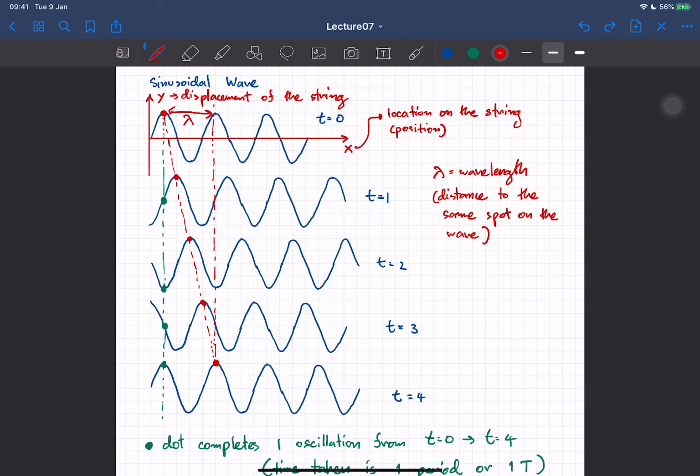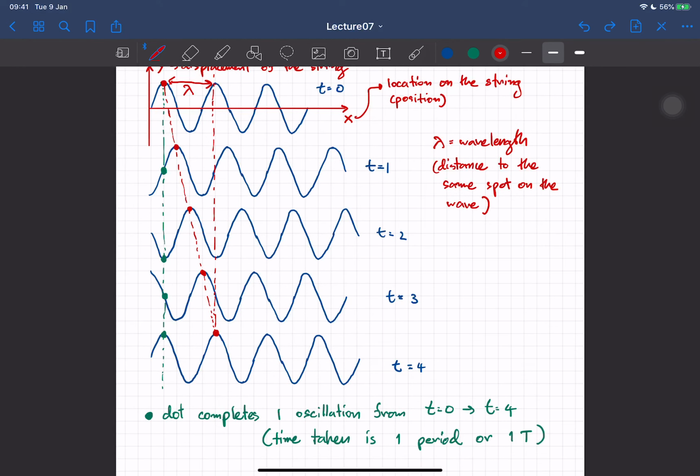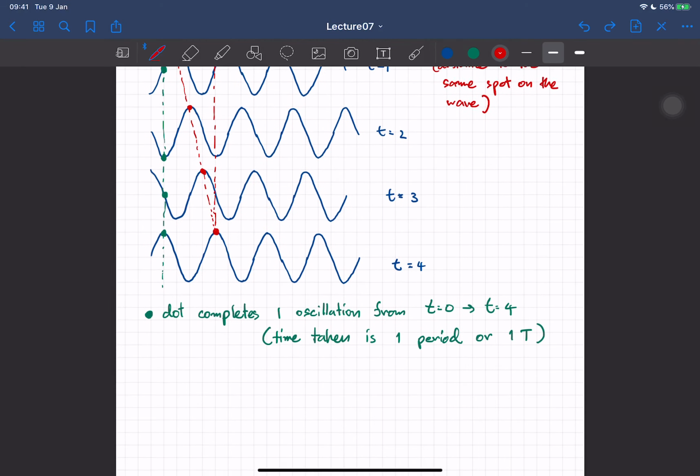So you can see that in terms of the distance traveled by this red dot, starting from t equal to 0, and then finishing at time equal to T, the red dot here moved by 1 lambda. Okay, so now instead of looking at the green dot, which is the cycle of oscillation, we're going to look at the red dot.